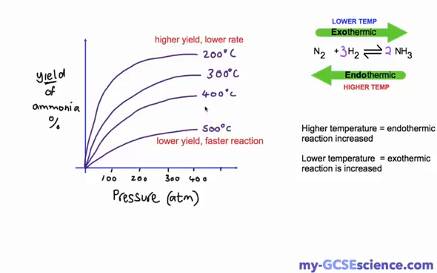We might use a temperature that is some level of compromise in between, around about 450 degrees, because it gives us a decent rate of reaction, but we do sacrifice a little bit of the yield. So we've compromised between the rate of reaction and the yield in order to give us what we think is going to be the best rate of production of our ammonia.